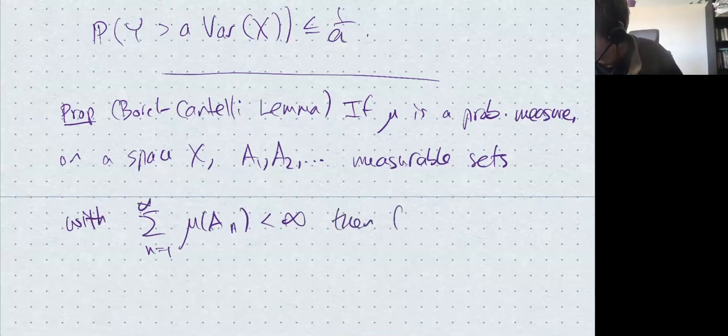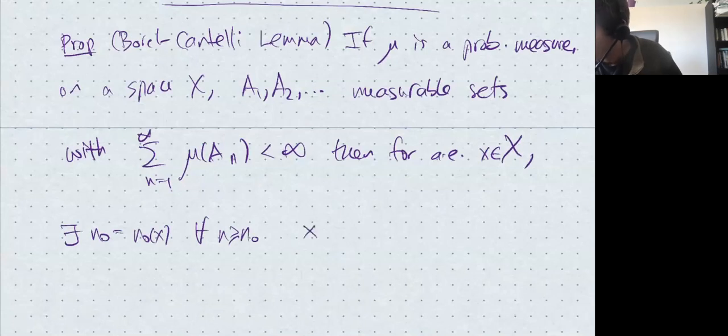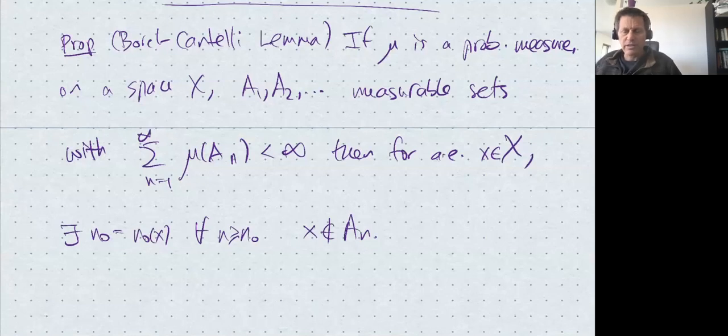Then for almost every x in X, there exists an n0 depending on x, such that for all n bigger than n0, x is not in An. In other words, almost every x participates in only finitely many of these sets, A1, A2, etc. But the number of sets that it belongs to depends on x.